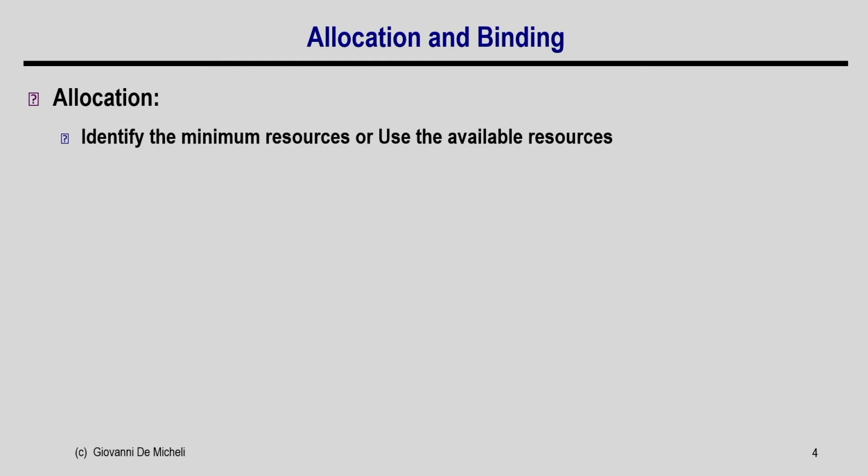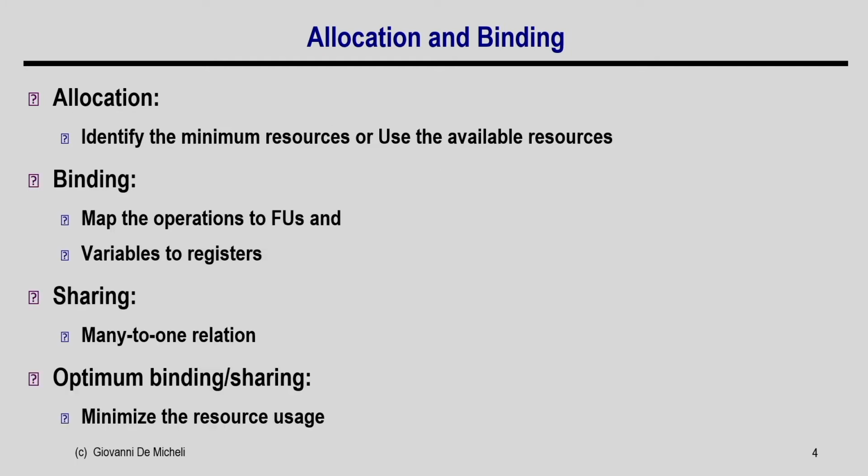As I already mentioned, allocation is where you identify the minimum resource required, and sometimes if it is resource constrained scheduling, then we already know the resources available to us. We have already seen for scheduling that you may have only 2 multipliers or 1 ALU available.